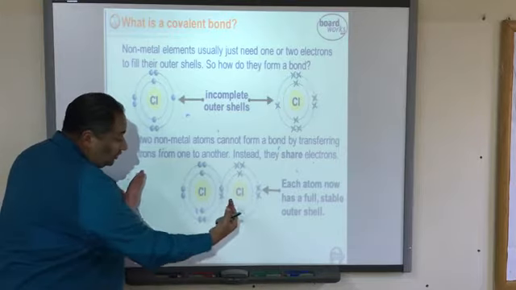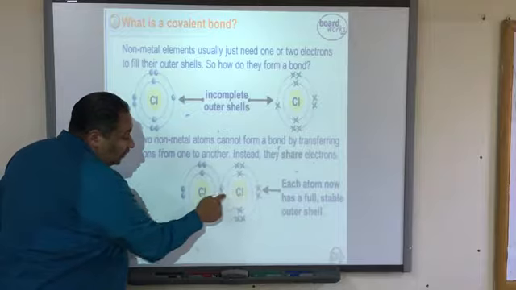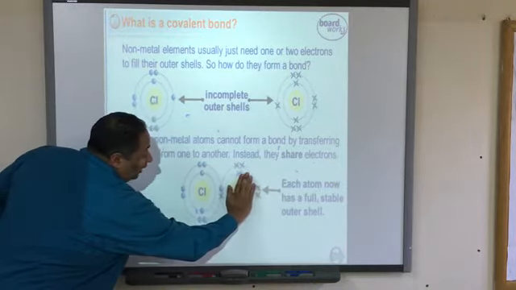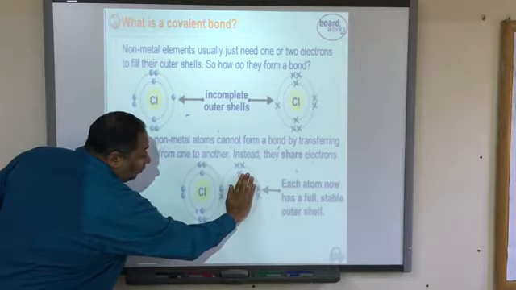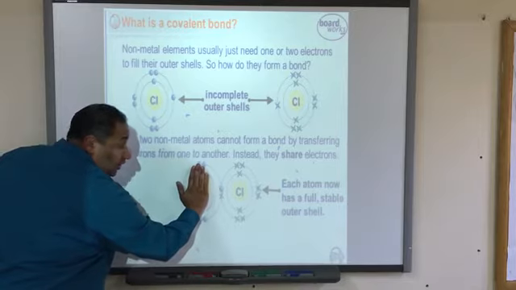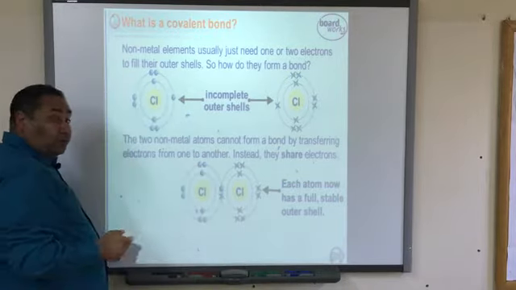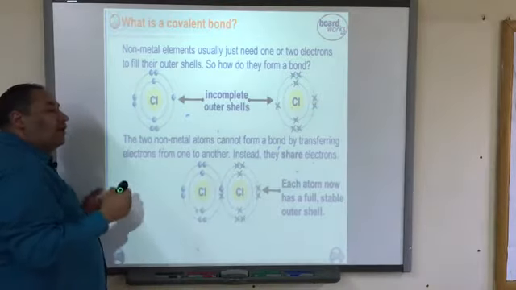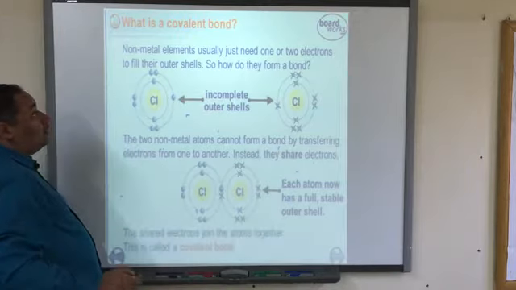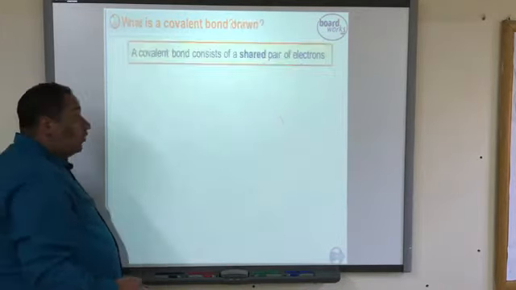This one shares an electron, this one shares an electron. If you cover this one and count the outer energy level, you will find 8 electrons for this chlorine. And if you cover the other one and count the last energy level, it also gives 8 electrons. That's how they combine together, and this is what we call the covalent bond.